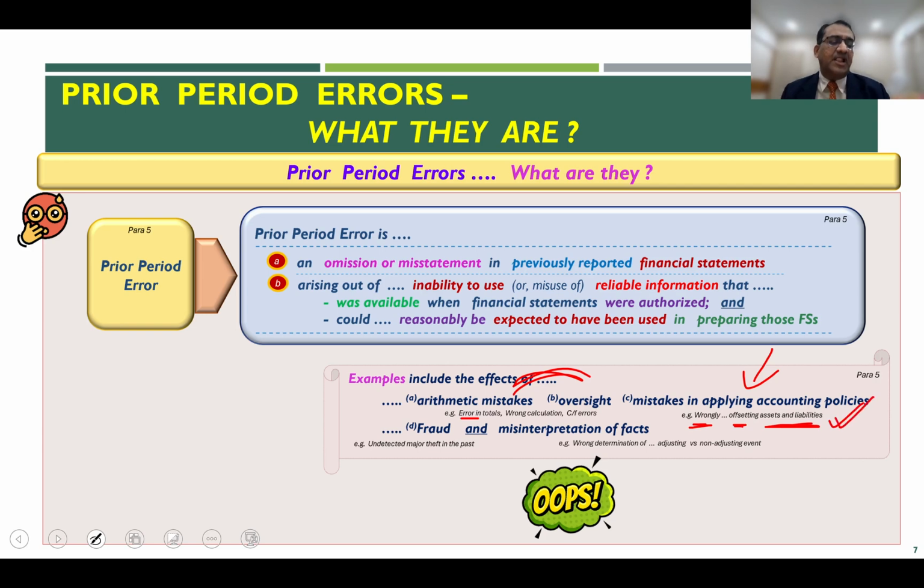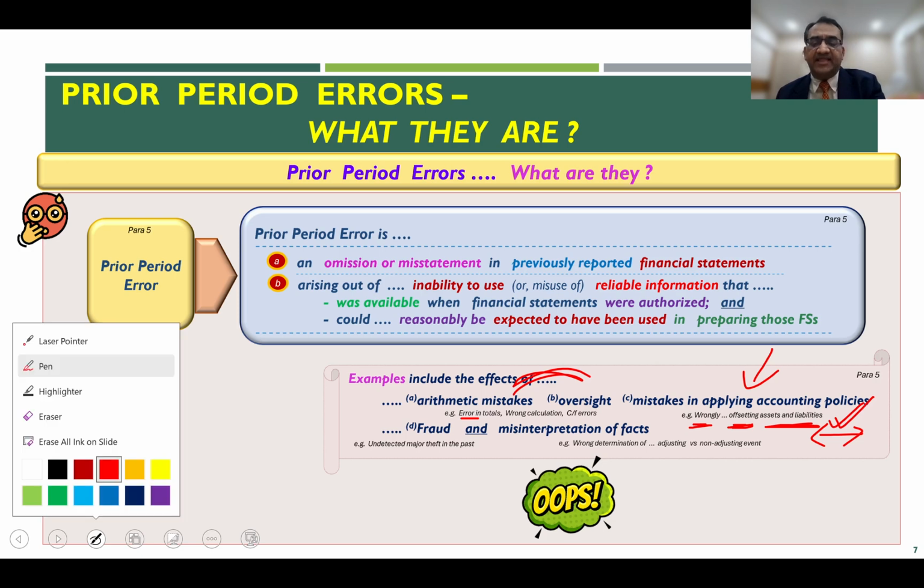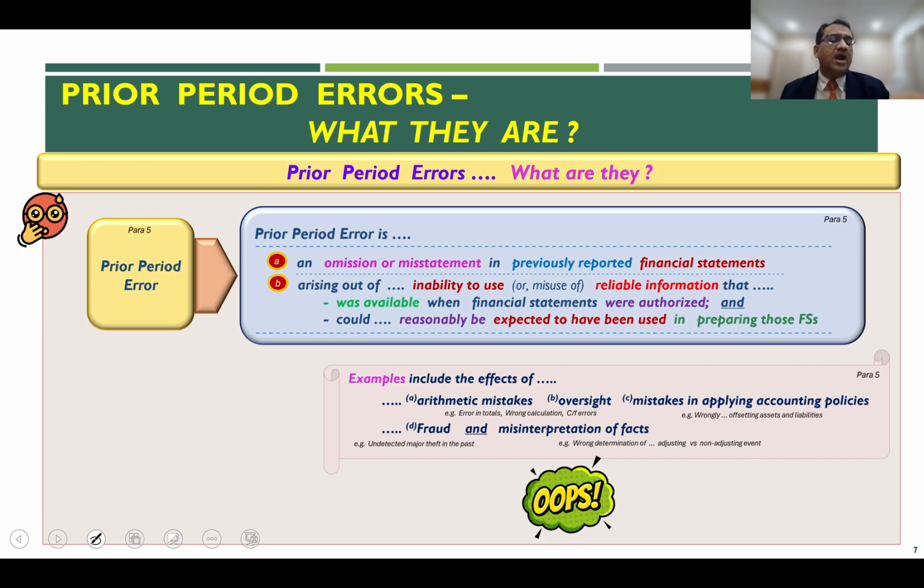As a general principle, assets and liabilities are not allowed to be offset unless they meet certain conditions in the criteria. But assuming that you have inappropriately offset certain assets and liabilities, that could be an example of mistakes in applying the accounting policies, because you are not otherwise allowed to do the offsetting in those circumstances.